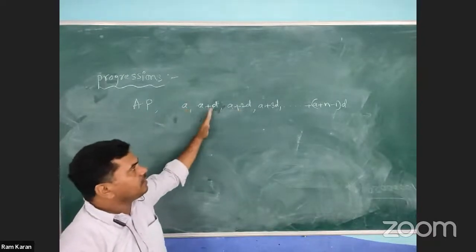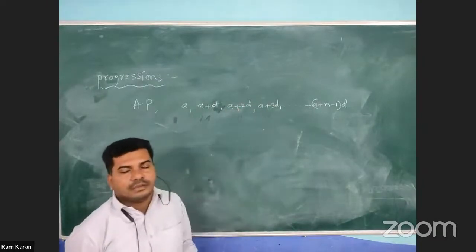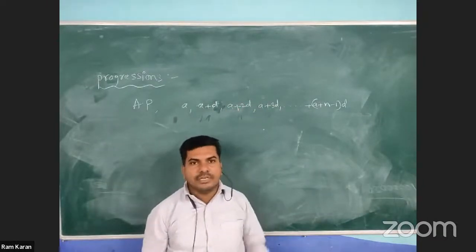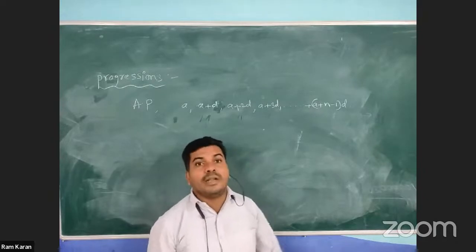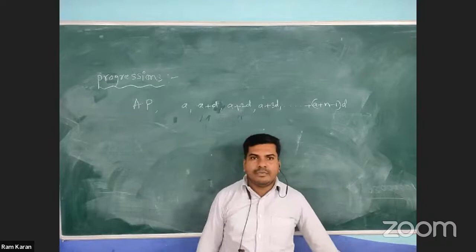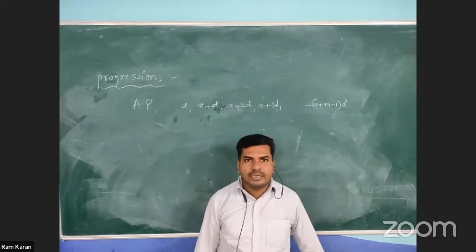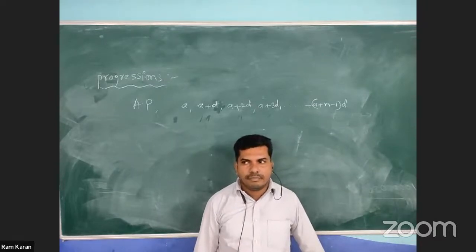The difference between these two is also d. The difference between these two is also d. That we call the common difference. Here d is the common difference, a is the first term of the AP, and n is the number of terms of the AP.